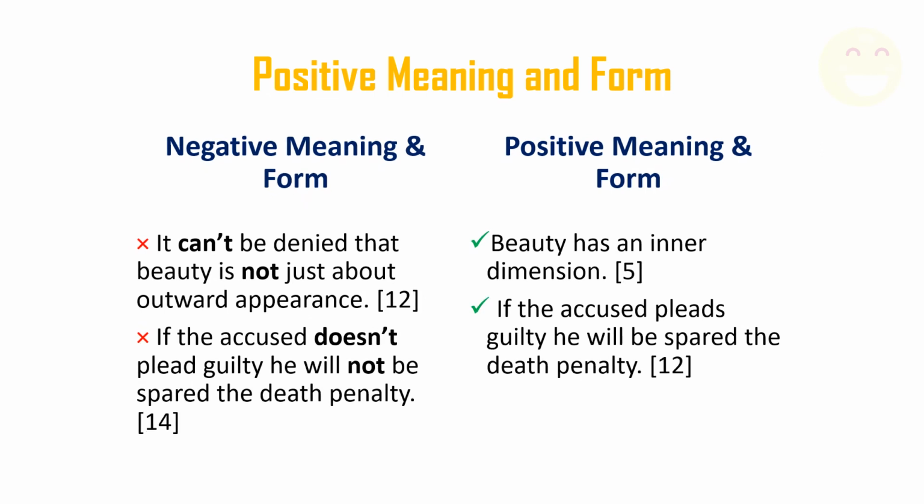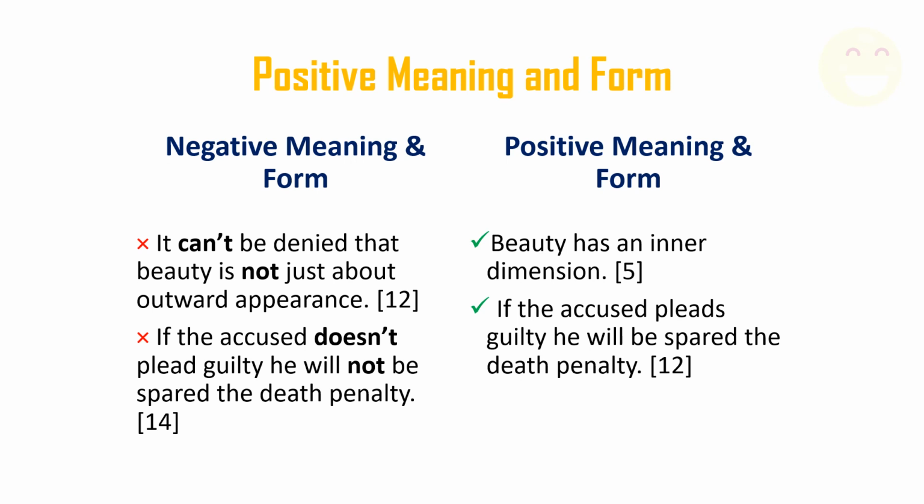And here as well, we can make both the form and meaning positive. So let's first read the negative meaning and form. It can't be denied that beauty is not just about outward appearance. If the accused doesn't plead guilty, he will not be spared the death penalty. Beauty has an inner dimension. So just take a look at that.